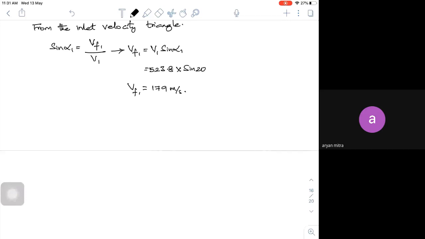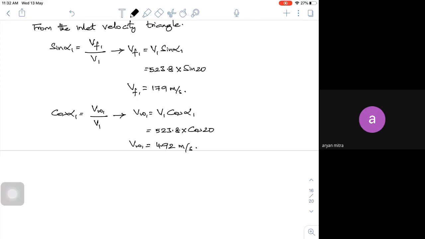Similarly, what is cos alpha 1? Cos alpha 1 is the adjacent side Vw1 divided by V1, so Vw1 is equal to V1 cos alpha 1, that is 523.8 into cos 20. If I do it, I get 491.89, roughly around 492 meters per second.